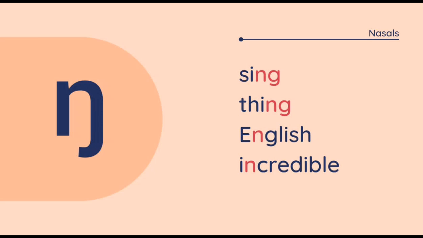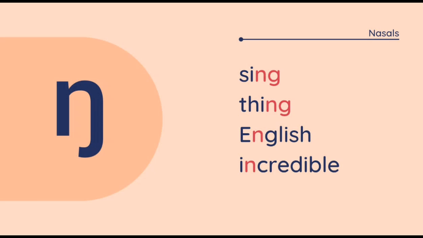And that is why whenever we want to pronounce it, the velum is lowered to pronounce the sound. And we have words like sing, thing, English, incredible.